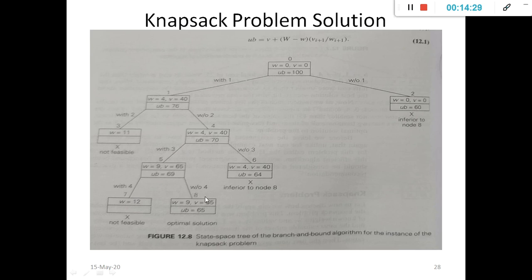Next, calculate the upper bound at node 8 without placing item 4 into the knapsack.